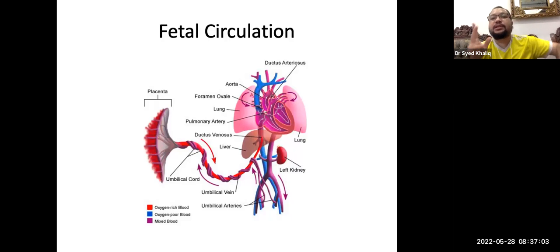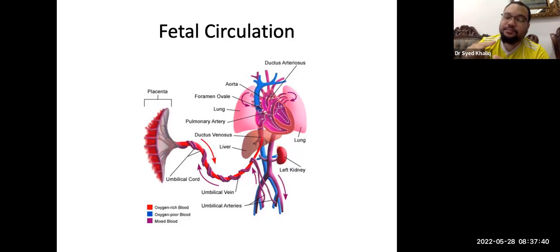Number two, when the lungs are filled with air, we are increasing the partial pressure of oxygen inside the lungs. And one thing that we know for sure, oxygen is a very good vasodilator. So there will be vasodilatation in the pulmonary circulation. So two things happen.